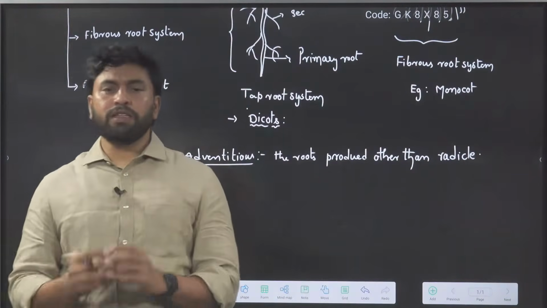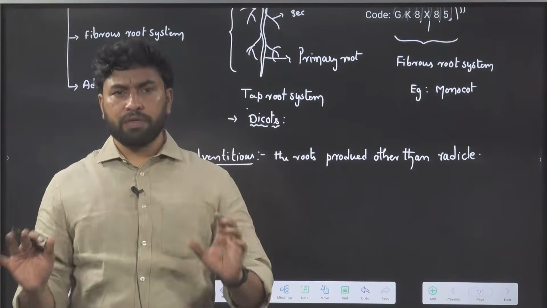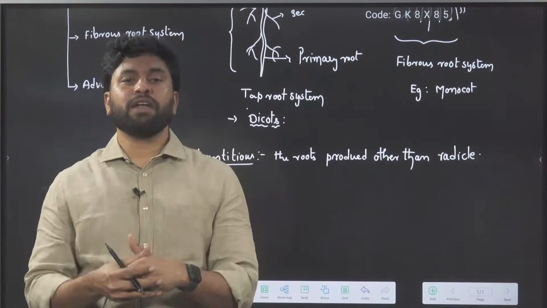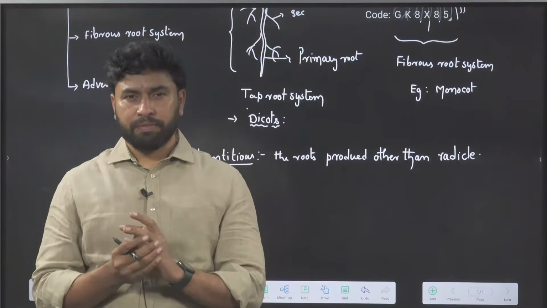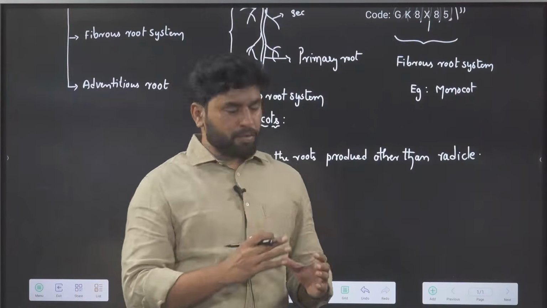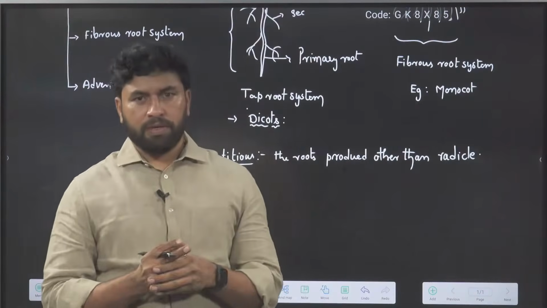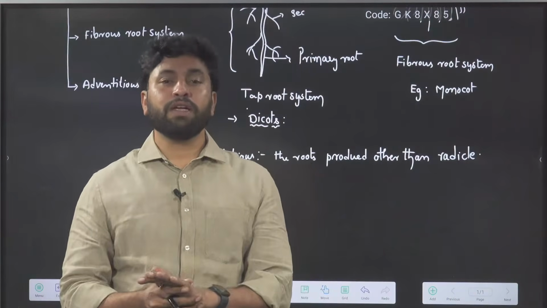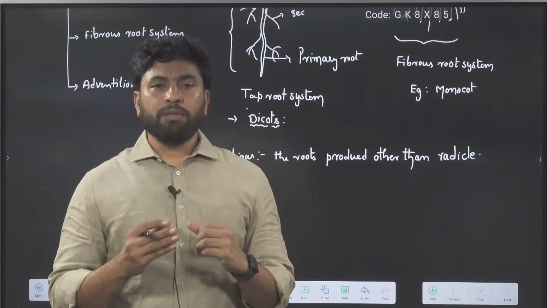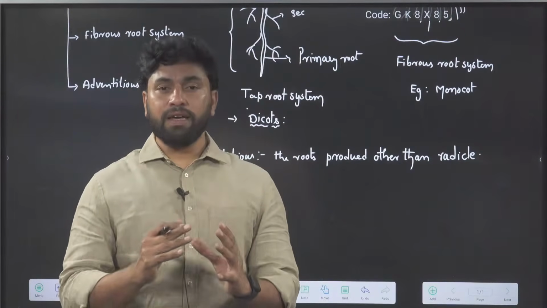They may be produced on the stem, they may be produced on the leaf, wherever they are produced, but they should not develop from the radical. I have observed many students asking, these fibrous roots that you mentioned earlier, are they adventitious roots? Of course, fibrous roots are a variety of adventitious roots. How could you confirm that? Tell me the definition of adventitious roots: the roots that are developed other than from the radical.